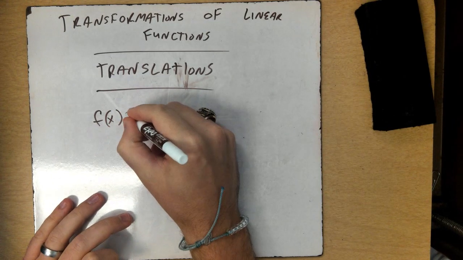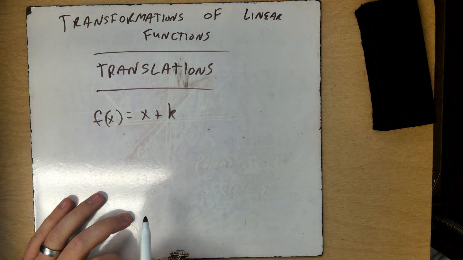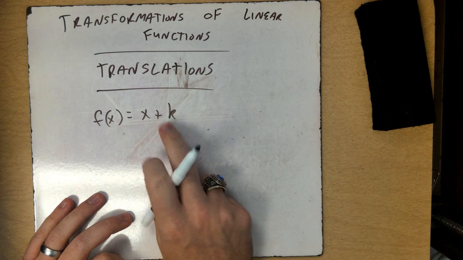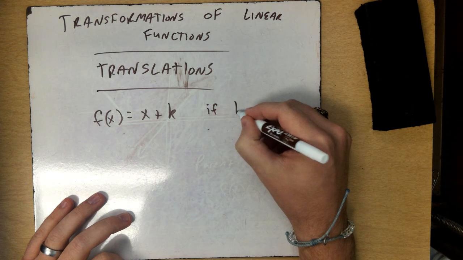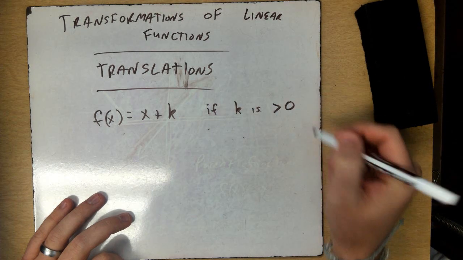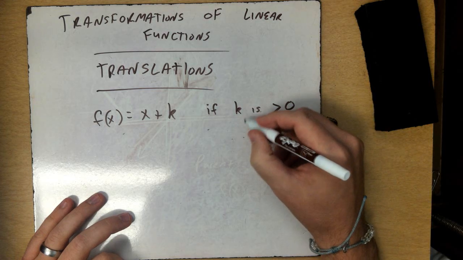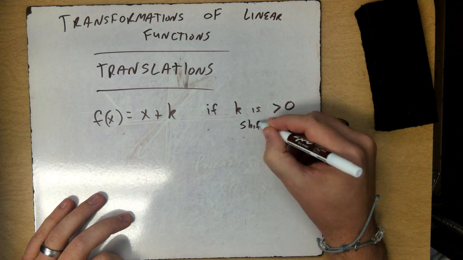So let's say you have something like this, where you have f of x equals x plus k, okay? So if you see an equation that looks like this, right, look at the k, okay? If k is greater than 0, okay, then the graph shifts up.